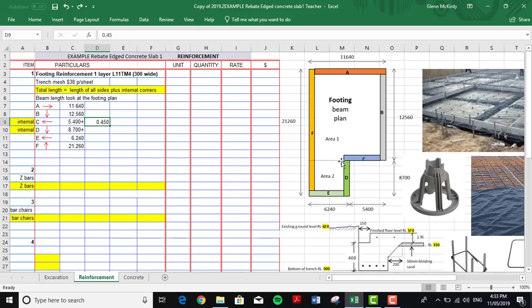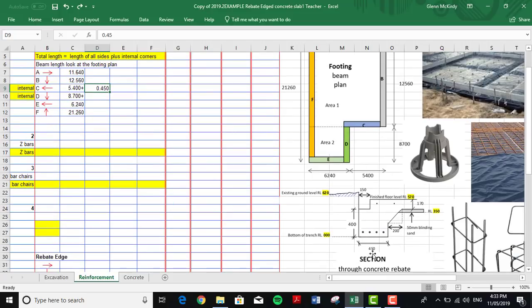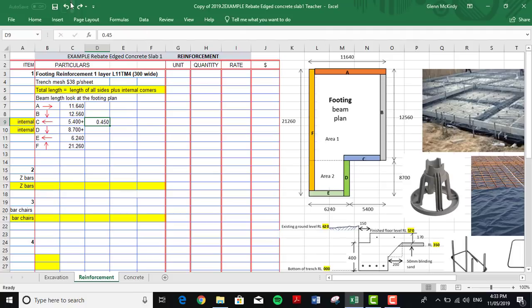Now we've got to go plus the 450 mil. We can see that, and that's the same on C and D. So we go plus our 450, and then we just put our totals over here in this column. And we get a total of 66.7 metres around of steel reinforcement that we need.